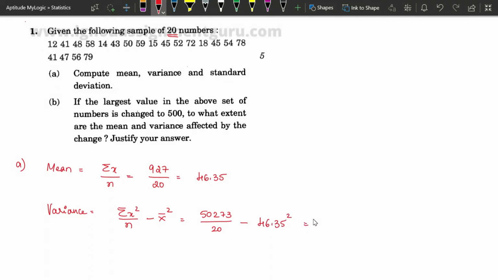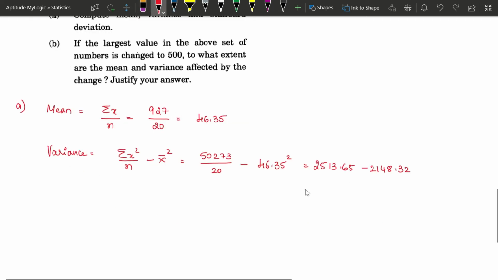So this is going to be 2513.65 minus 46.35 square is 2148.3225. We get 365.33, and this is the variance. We can also write it as sigma square.